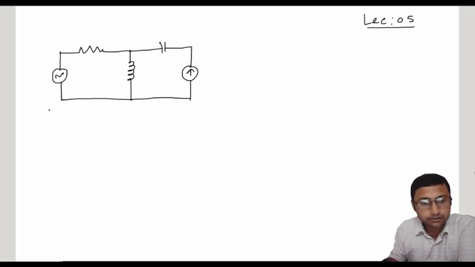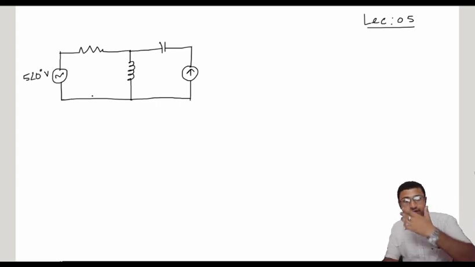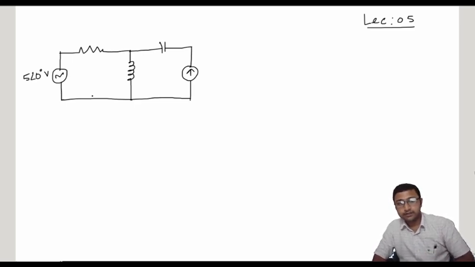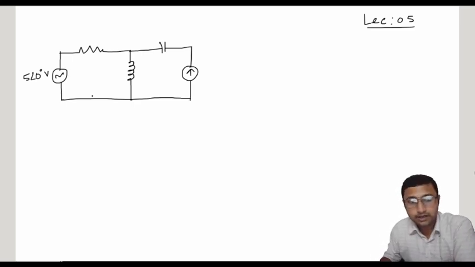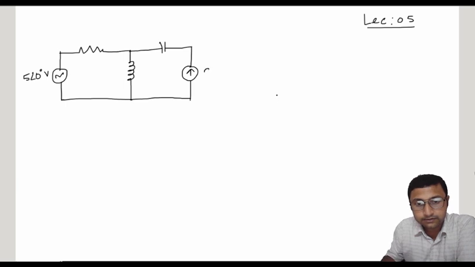Suppose the value of the voltage source is 5 at an angle 0 degree volt. As it is an AC quantity, it contains both the magnitude and the phase angle. This is a vector quantity, and the value of the current source is 2 at an angle 0 degree ampere. The value of the impedance is 4 ohm.